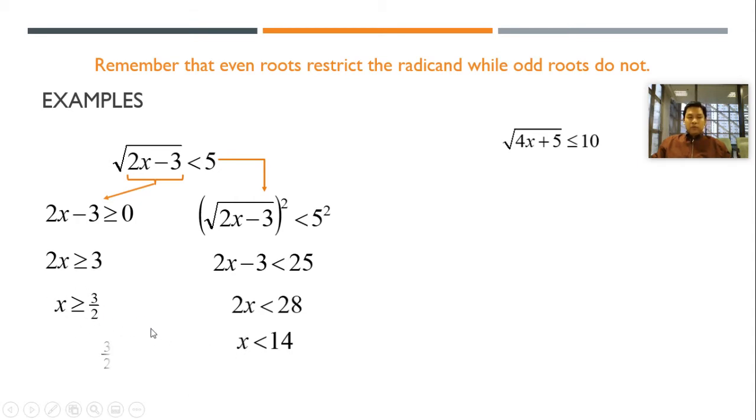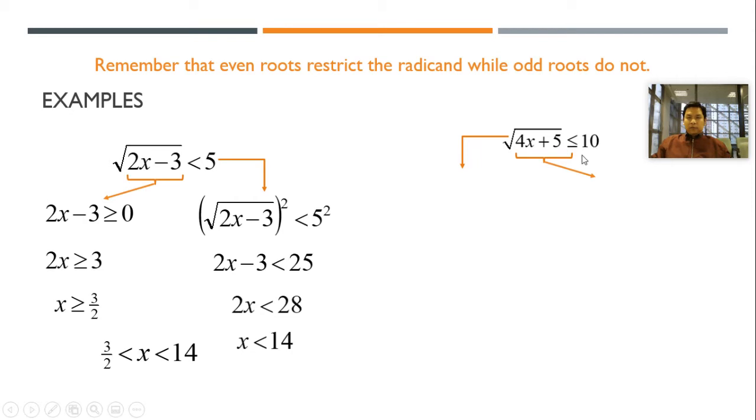So we combine those two solutions. X should be greater than or equal to 3 halves, but less than 40. Now take note that we do not have an or equal to here, unlike this. So the solution will not allow or equal to as well.